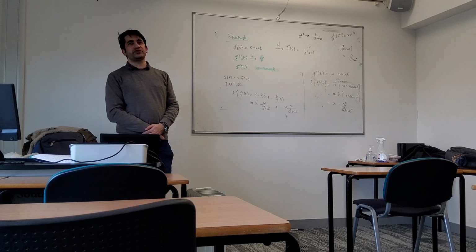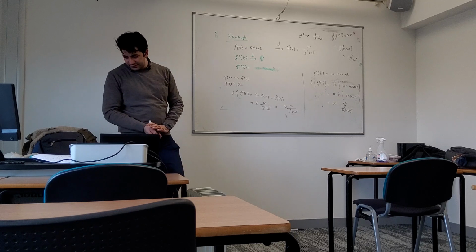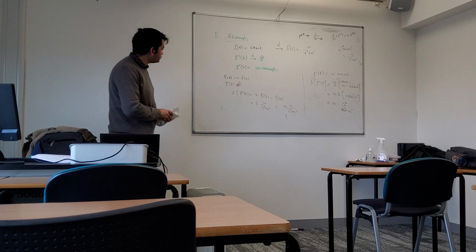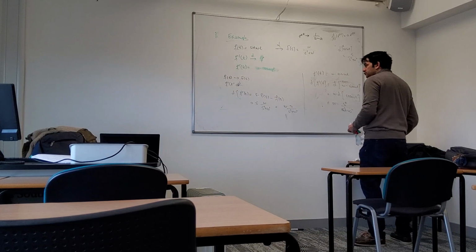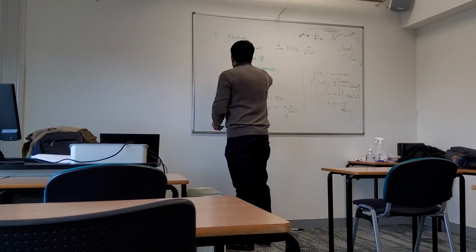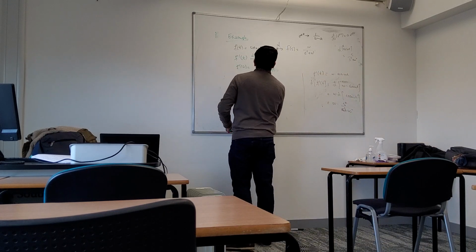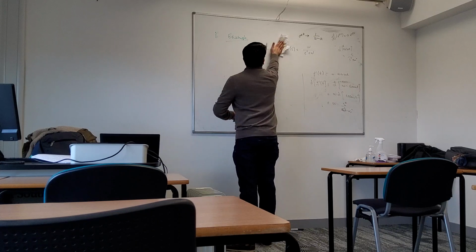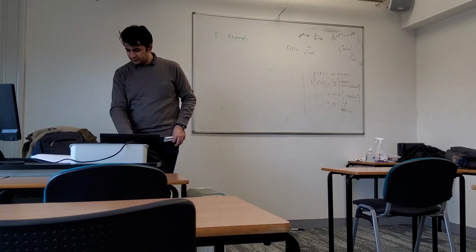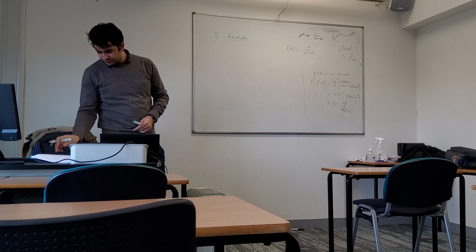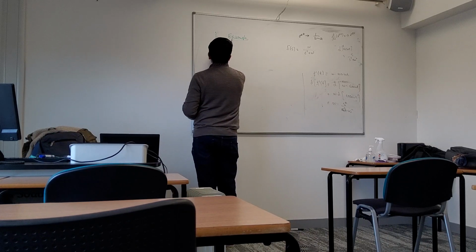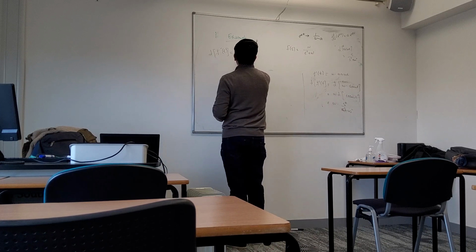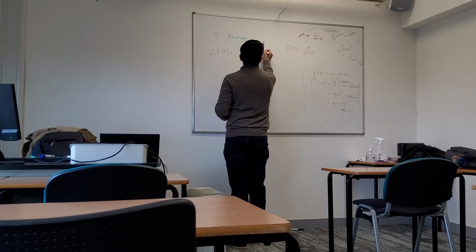So we proved that this equation holds. So from here we came to know that the Laplace of f prime of t is s f of s minus f of 0, right?